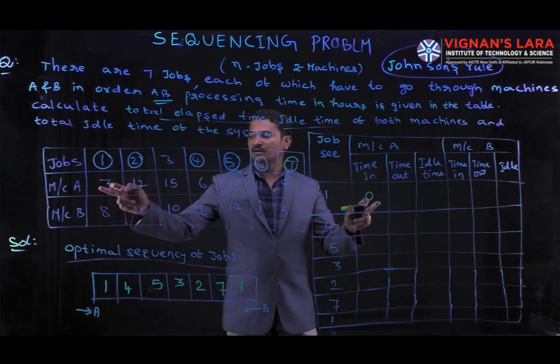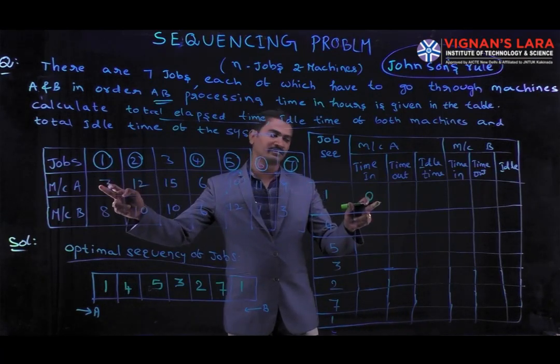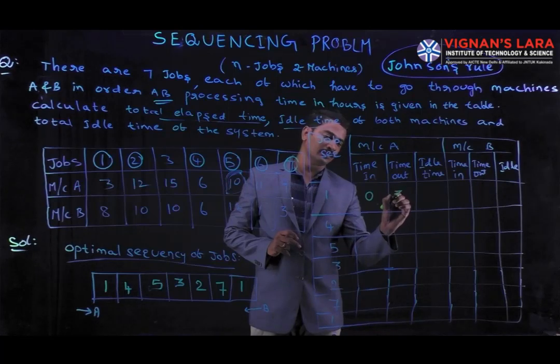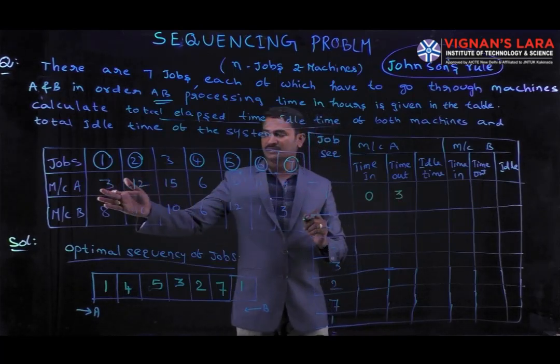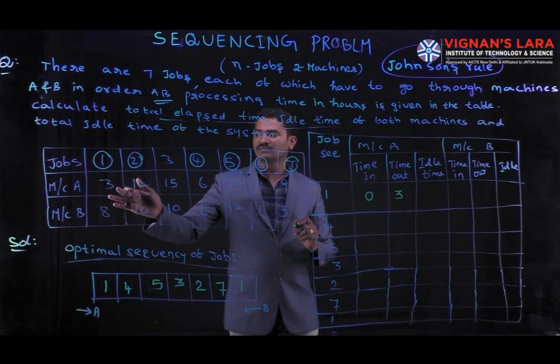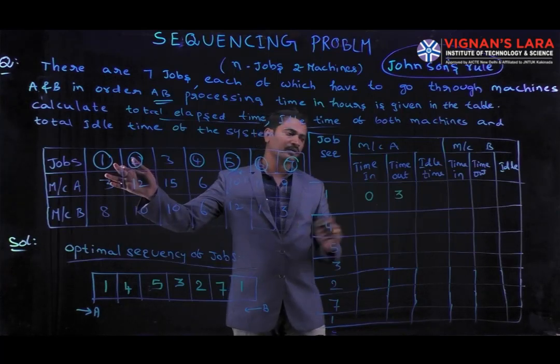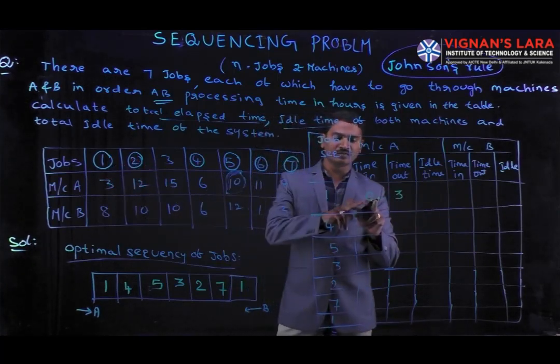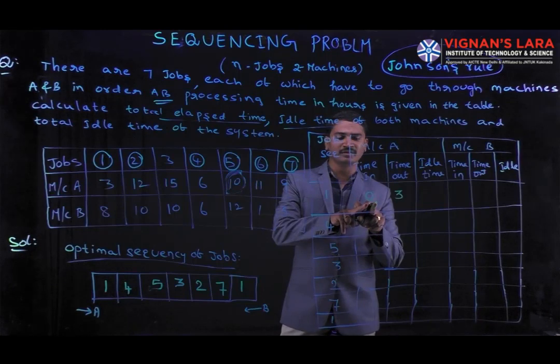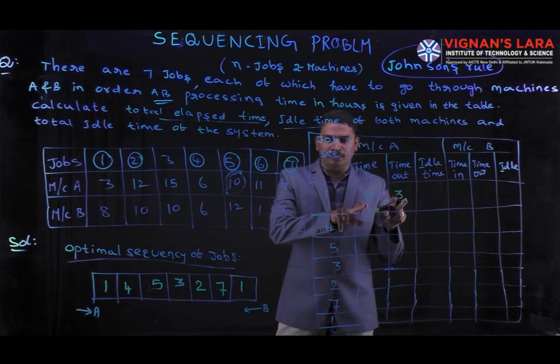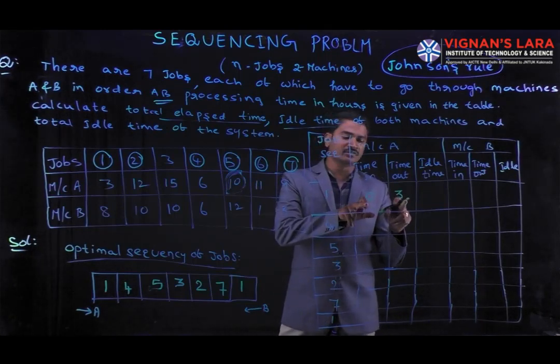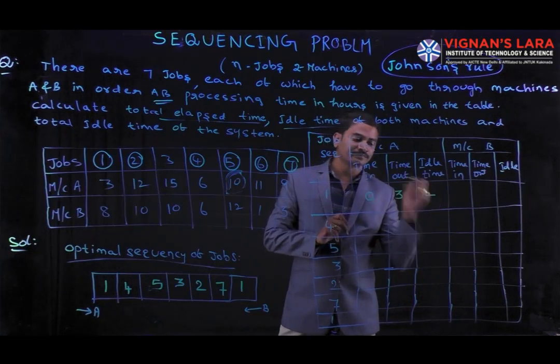Job 1 we did in 3 hours. Machine A is working 3 hours for job 1. We start at the 0th hour and did 3 hours continuously, so there is no idle time.